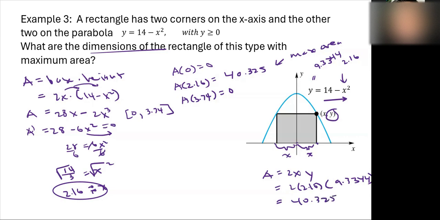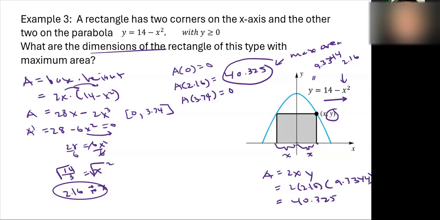I'm sorry, 40.325. Okay, so the bottom line here is that we found the area, which is 40.325, and then our dimensions in this case is 2 times, right? 2 times x. Okay, so let's pause this for a second.